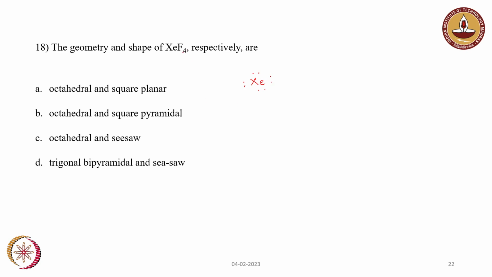and we have 4 fluorine atoms bonded to xenon. So we have steric number equal to 2 lone pairs plus 4 bond pairs, that is 6. So the expected geometry, since it's 6, will be octahedral.